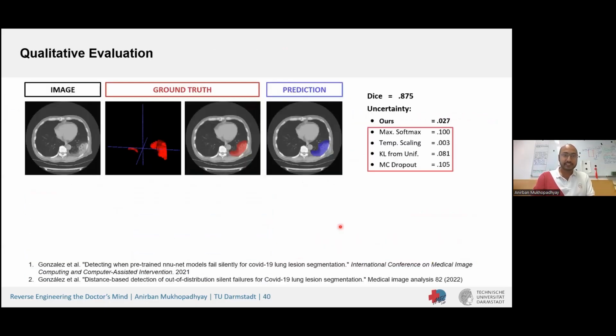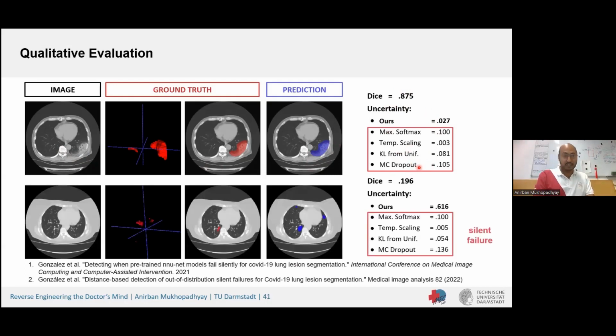Let's take a look at some of these qualitative results. Just to show you here, it's a ground truth segmentation, and the model did pretty well in terms of the prediction. We have high dice, and we can see here the uncertainty for all methods is quite low. Now, compared to another one, this is really tiny lesions where methods didn't really do well.